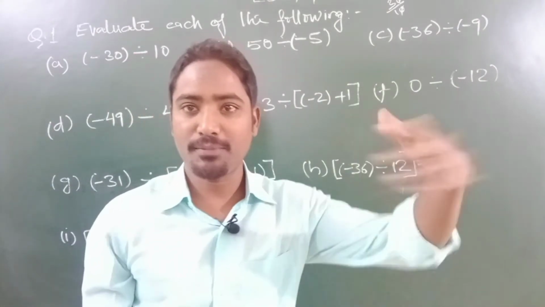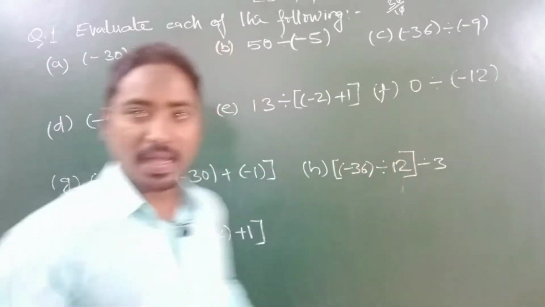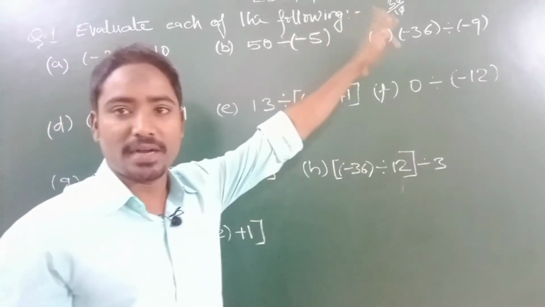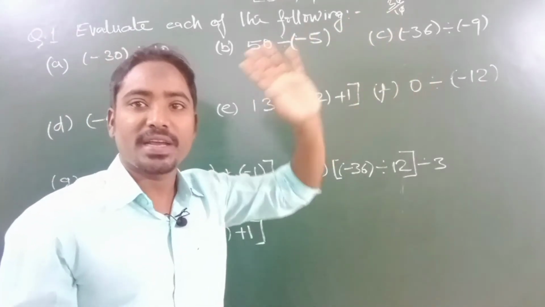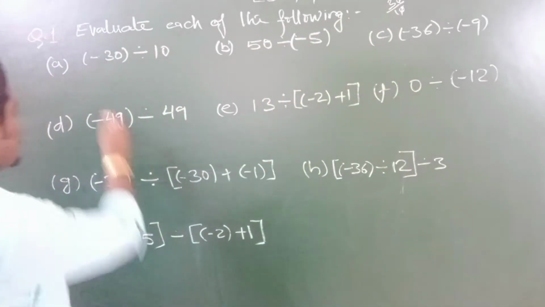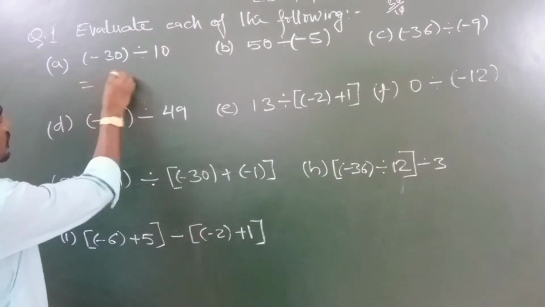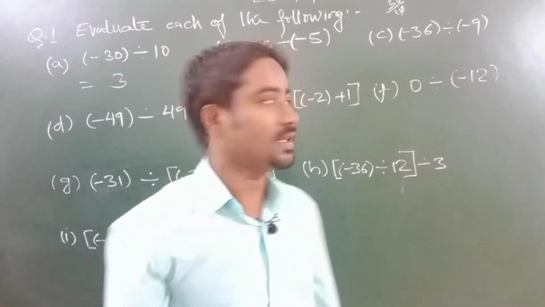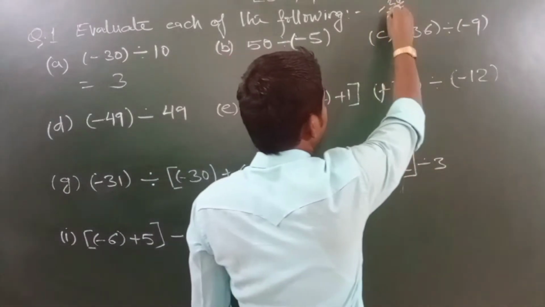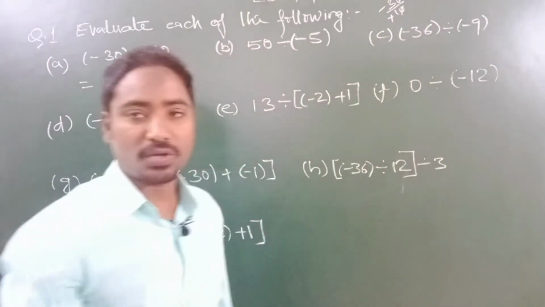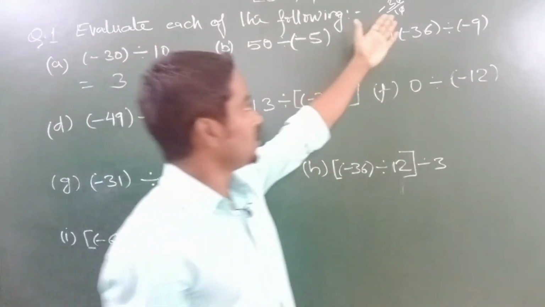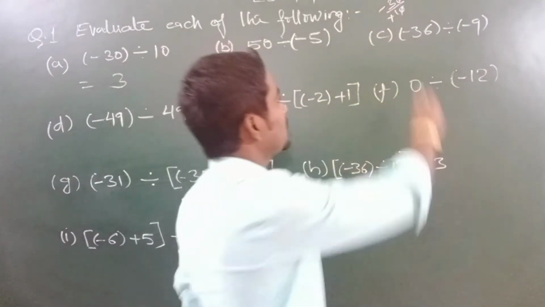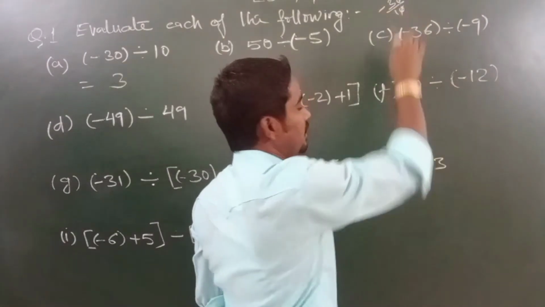In rough you have to do that. After dividing 30 by 10, how much will we get, students? 3. So here we will write 3. Now coming to the sign, here we have minus and here we have plus. So minus and plus will become minus, no cancellation will be there.